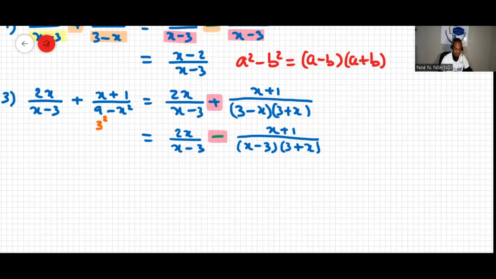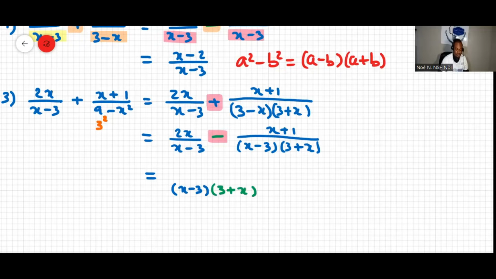So now we can make a common denominator, because over here we have x minus 3. We don't have 3 plus x. I'll add here 3 plus x.